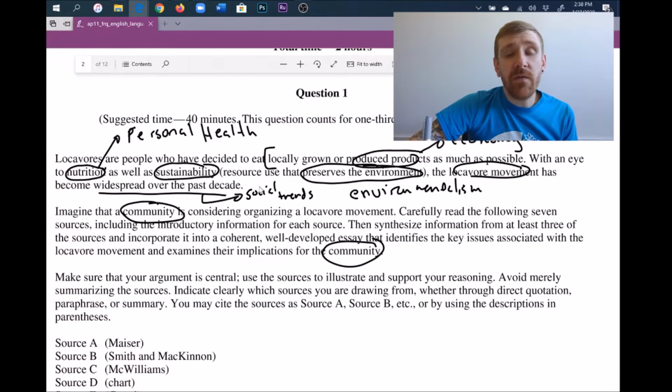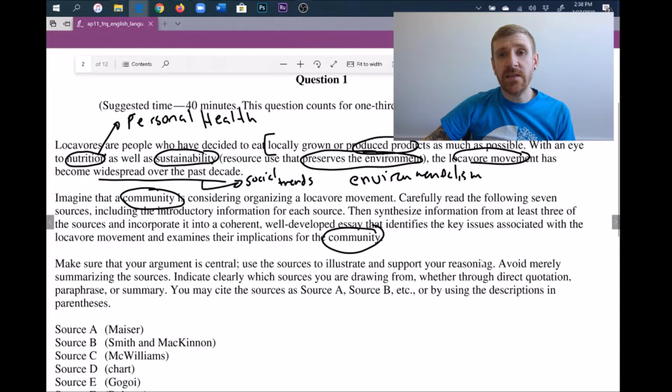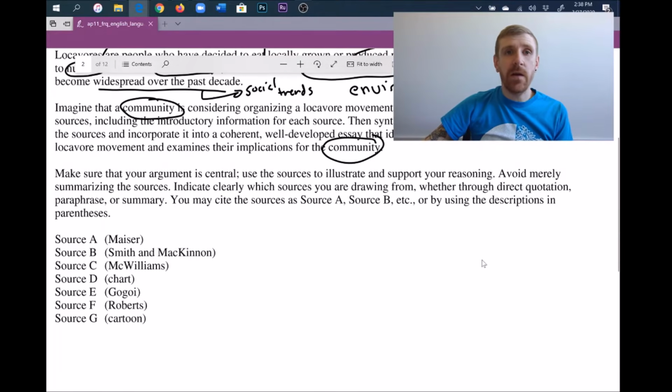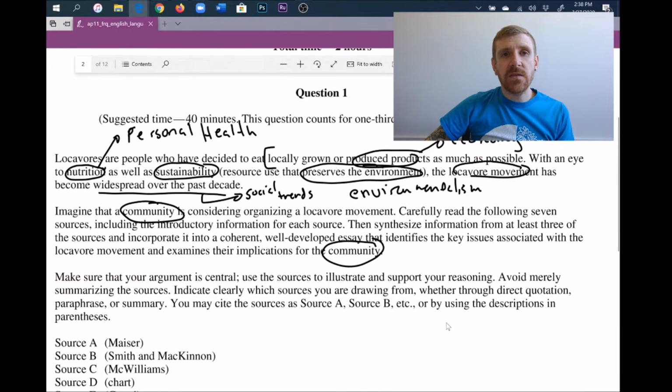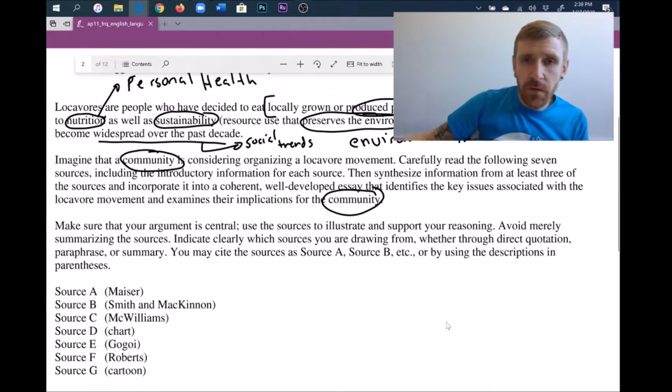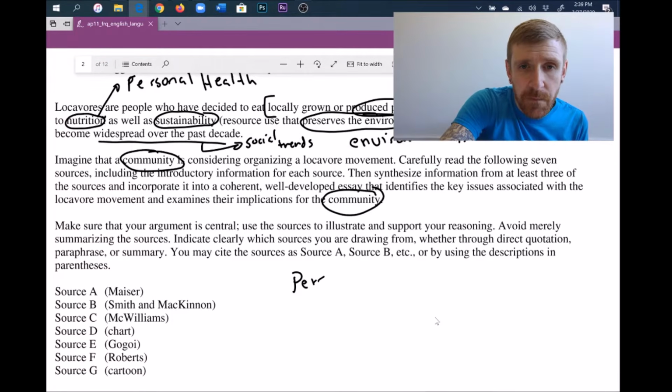And so now we have quite a list of abstractions that we can give to our students for ideas that they can formulate their paper on. So what I'll have my students do is go to the white space that's right here, and they'll actually write these words down. So we'll have personal health, okay? All right, the economy.